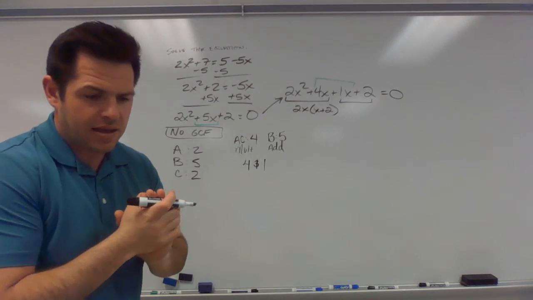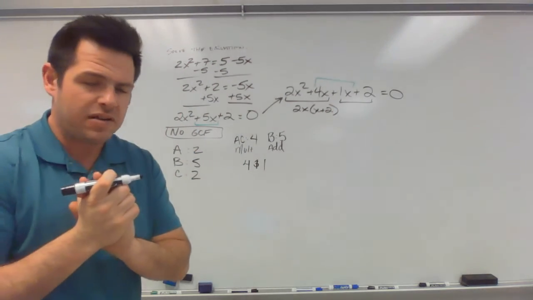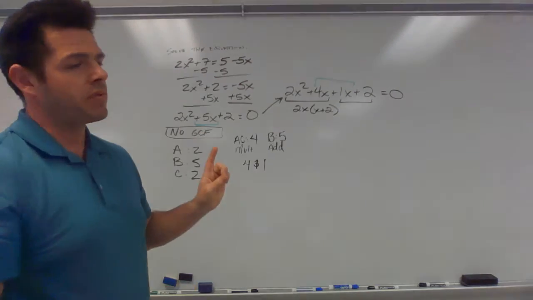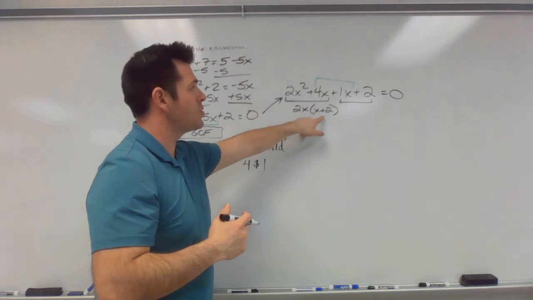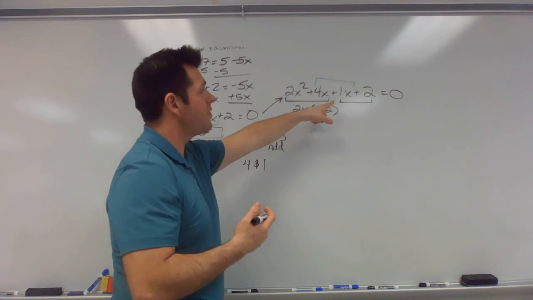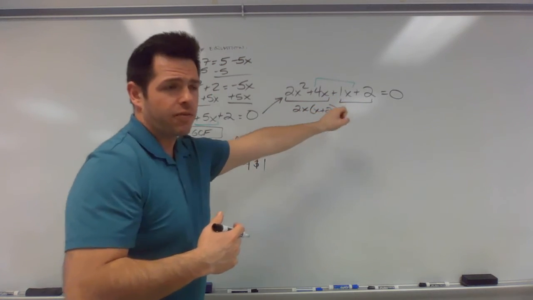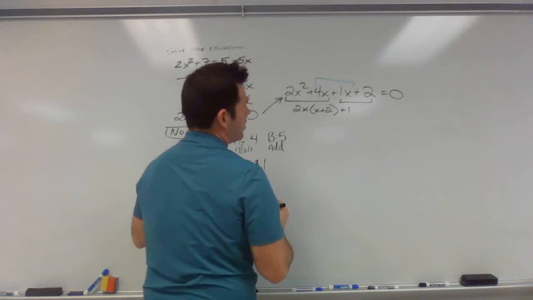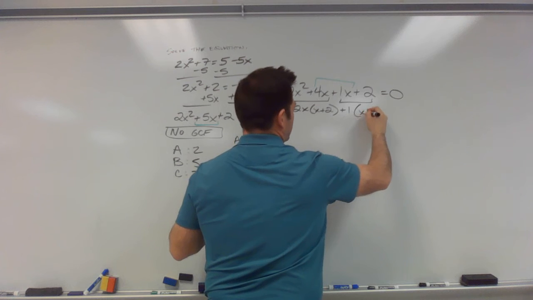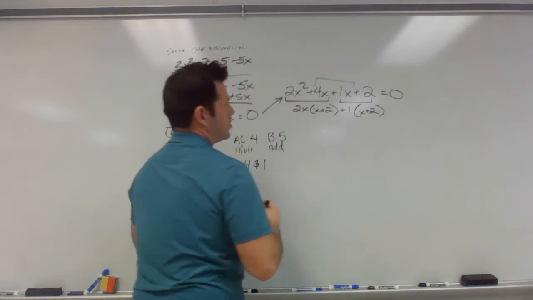We understand that part of this process of factor by grouping is that one of our groups will be made up of a common binomial, so we anticipate seeing that x plus 2 again. Kind of sort of already have it over there. There is no GCF for 1x and 2, so I'm just going to have a placeholder there for the number 1, which would leave me with x plus 2 in the parentheses.